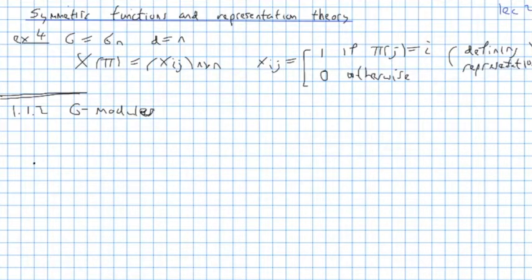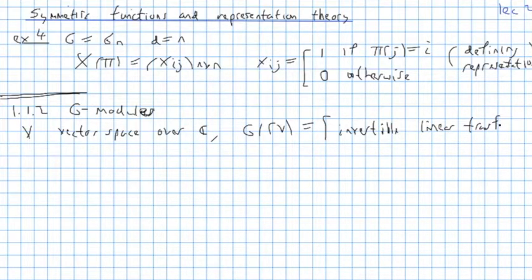So for us now, V is going to be a vector space over C. And now GLV is the set of all invertible linear transformations from V to V. So all the invertible linear maps from V to V. Okay, so now here's the definition.